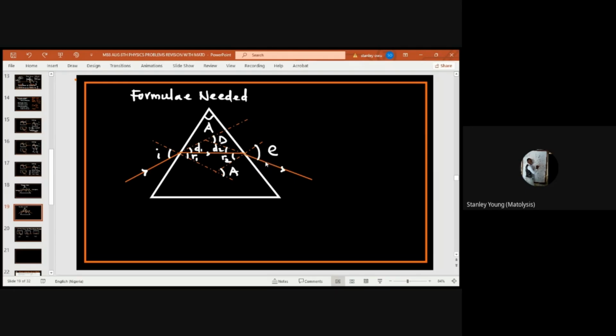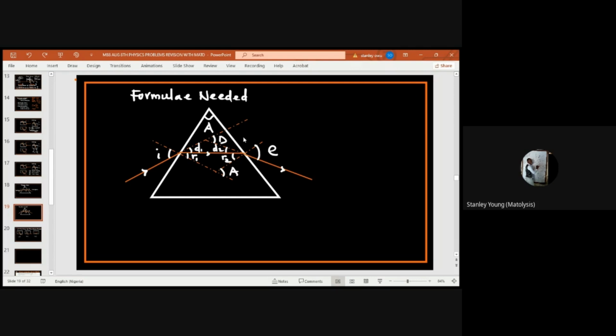If we extend this line this way and compare it to where the ray was originally coming from, don't forget that the angle between an initial pathway and a new pathway is an angle of deviation. So this particular angle you have here is called the major deviation of the ray.